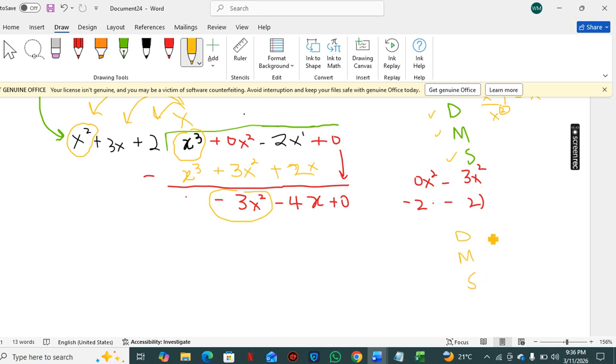So we're going to say negative 3x squared divided by x squared. What do you get? Negative 3. Any questions?